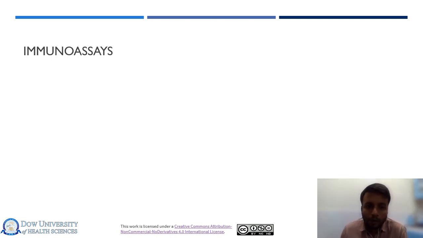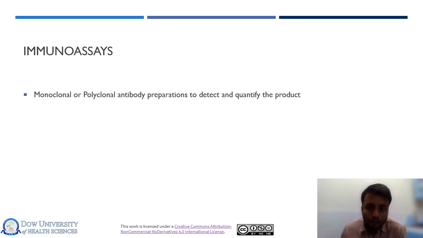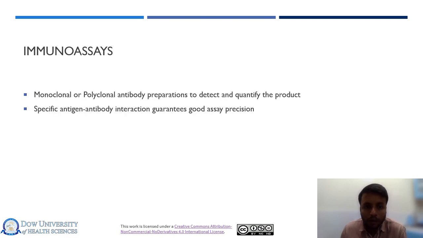Now, due to the previously discussed problems in bioassays, modern times are now going with immunoassays. Immunoassays are commonly used to detect and quantify biopharmaceutical products. These basically involve the use of monoclonal or polyclonal antibody preparations that can specifically interact with the product of interest.